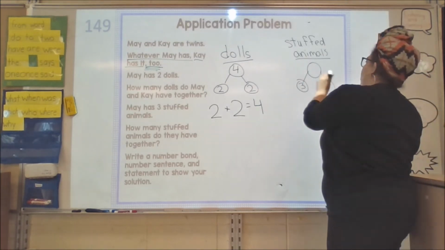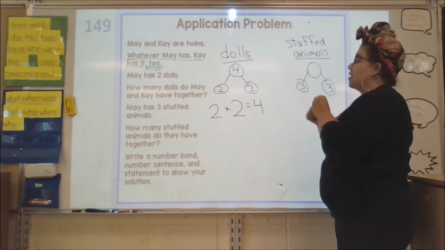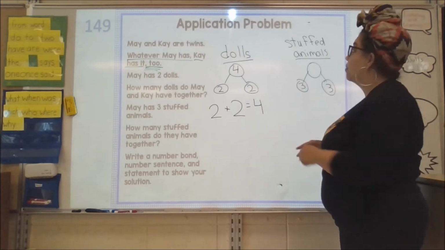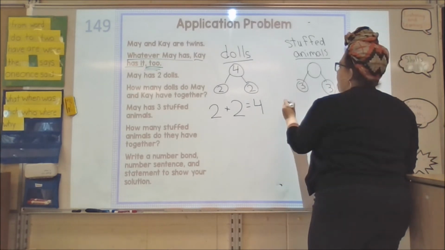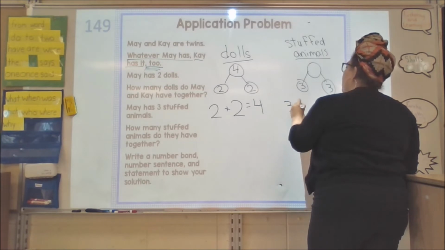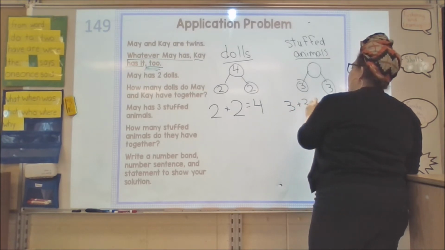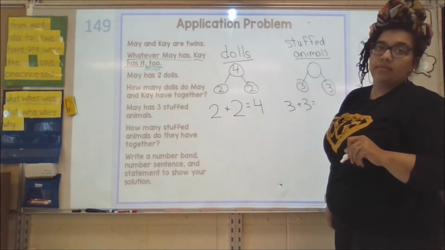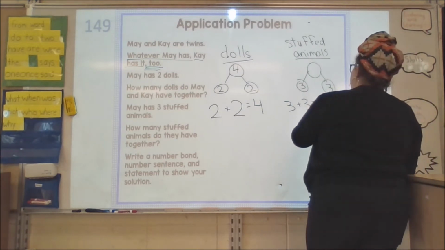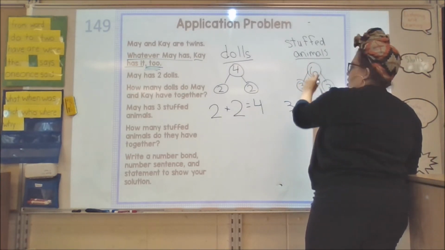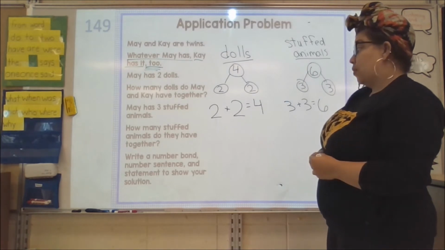Correct, she has 3 stuffed animals. Now let's write a number sentence to represent the stuffed animals. So, May's 3 stuffed animals plus Kay's 3 stuffed animals is equal to 6 stuffed animals in all. Good job. Alright, so are we done?